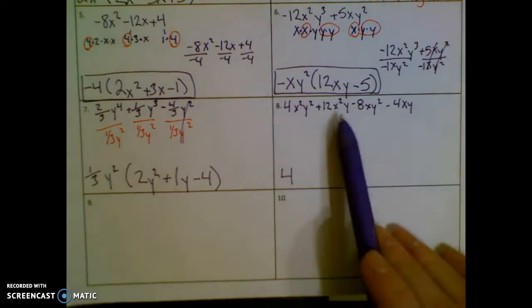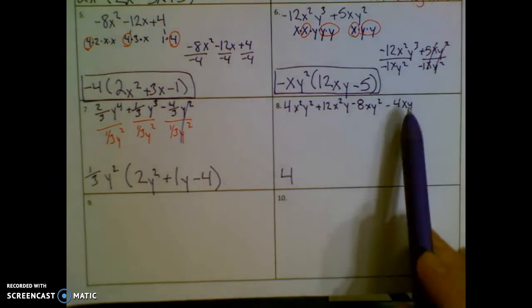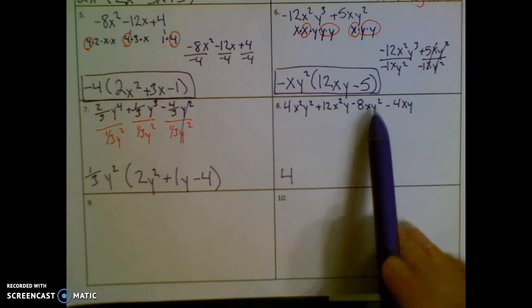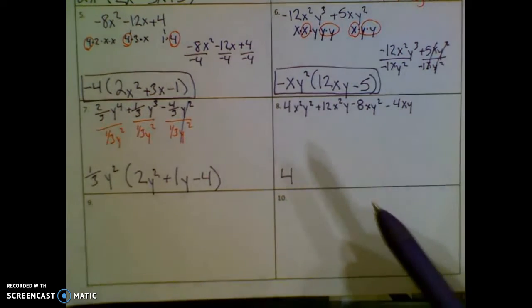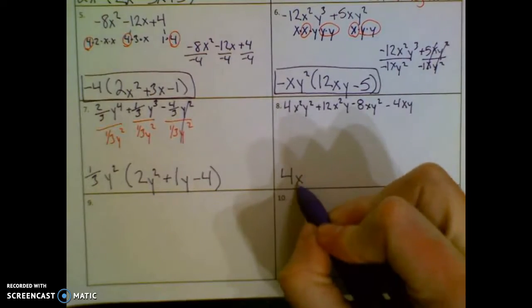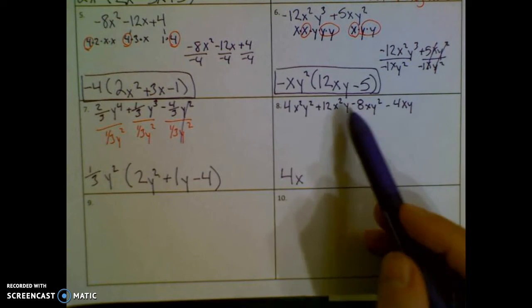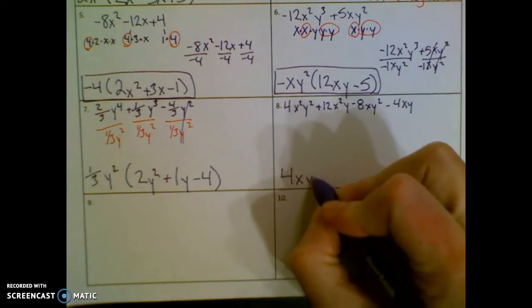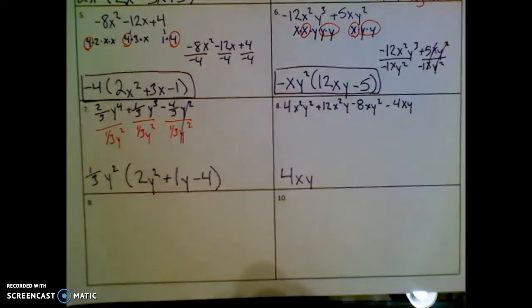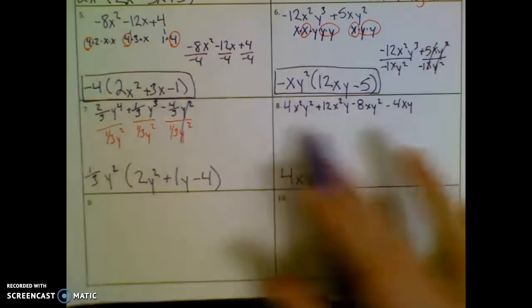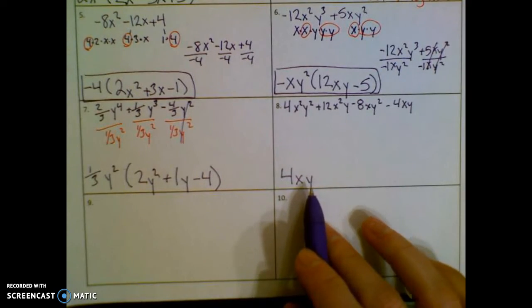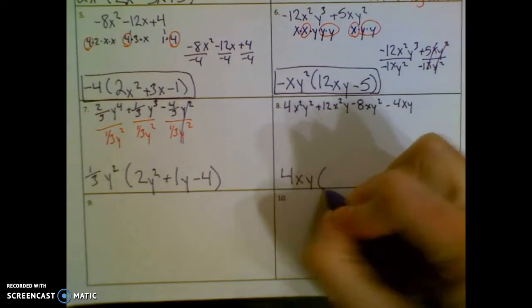This is x squared, x, and x. They all have at least 1x. They all have at least 1y. You could write them all out and circle them, but I don't want to write this problem again. So here's my GCF, 4xy, parentheses.